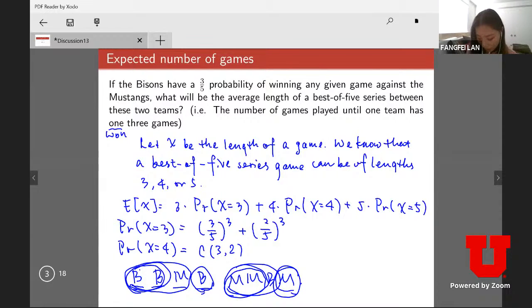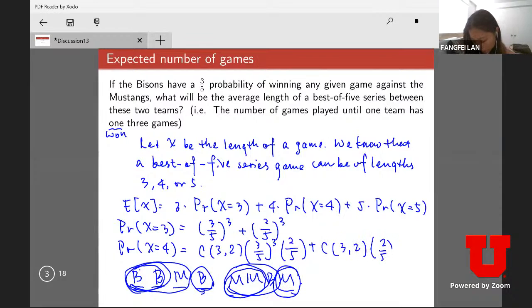And then multiply by Bison wins 3 games, so 3/5 to the 3rd, times Mustang wins 1 game. And then it's the same thing on this side: 3 choose 2, Mustang wins 3 games and Bison wins 1 game.